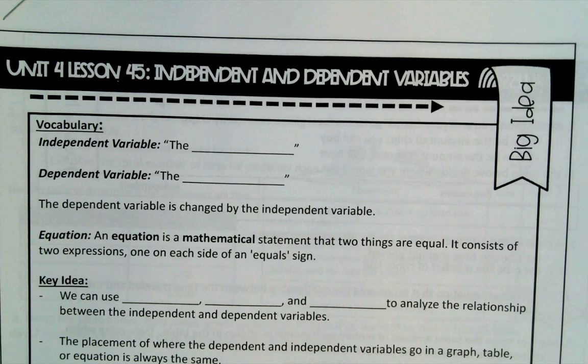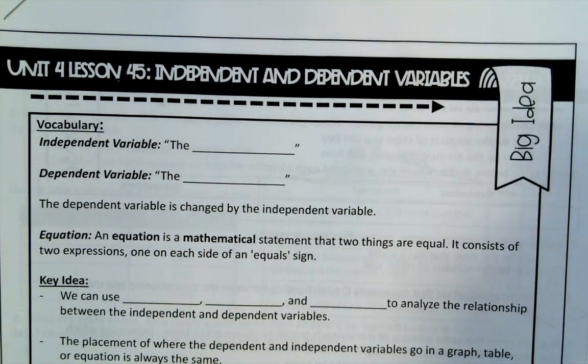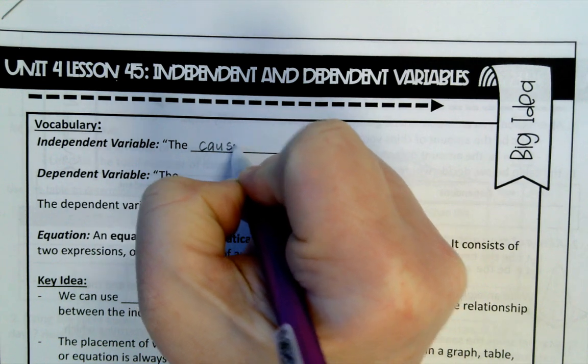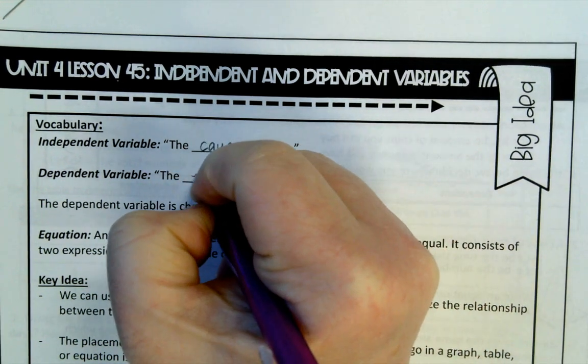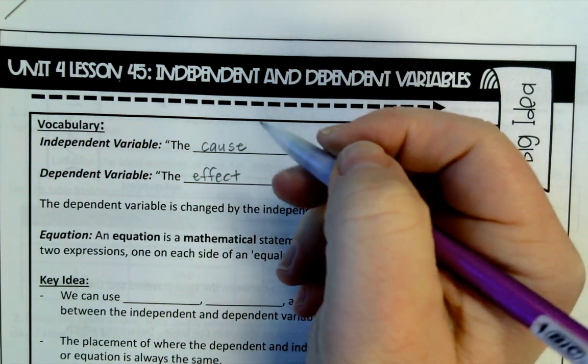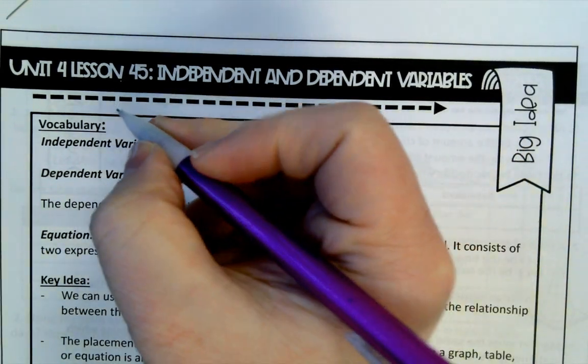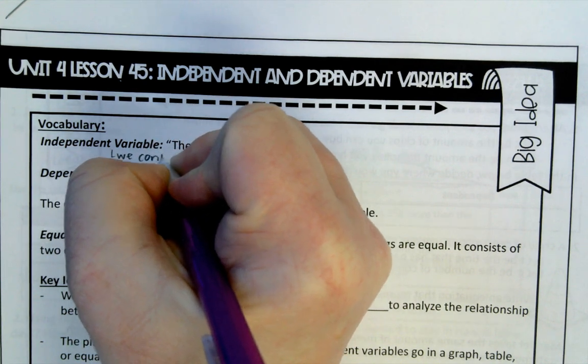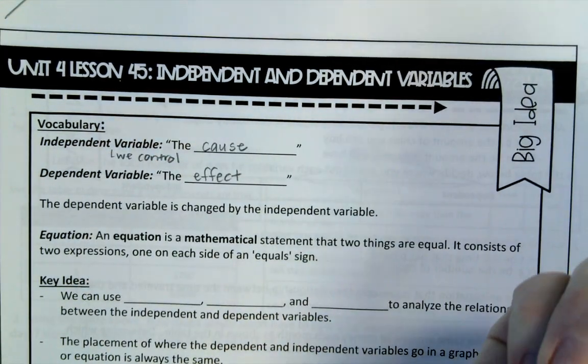So the independent variable, we call it the cause, okay? And the dependent is the effect, okay? Cause and effect. So we control the cause.